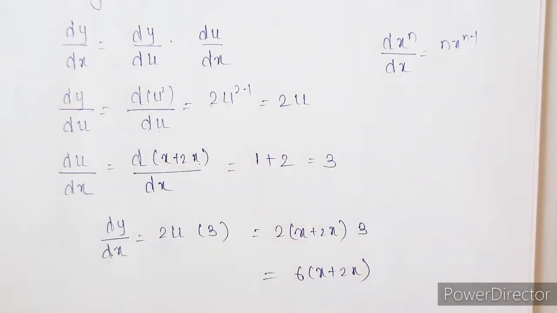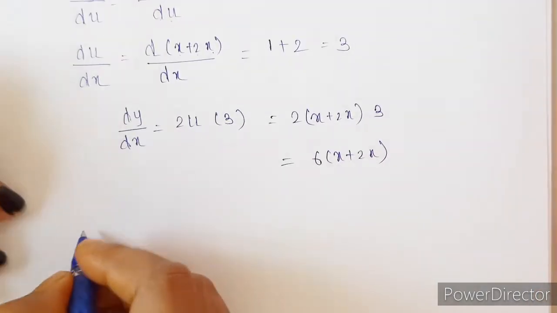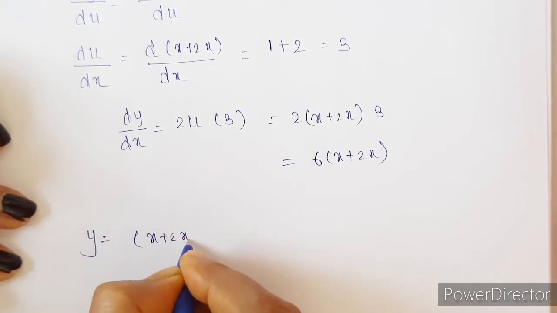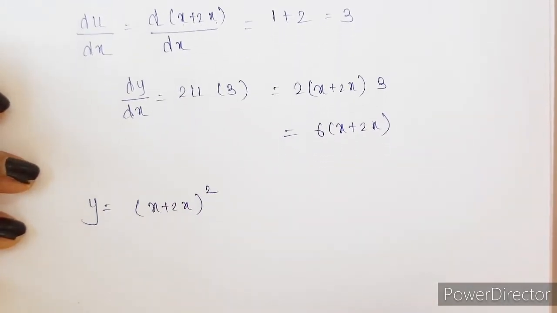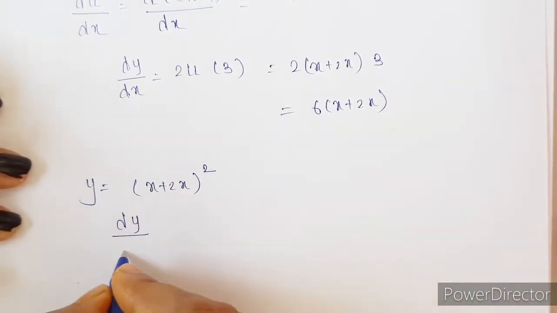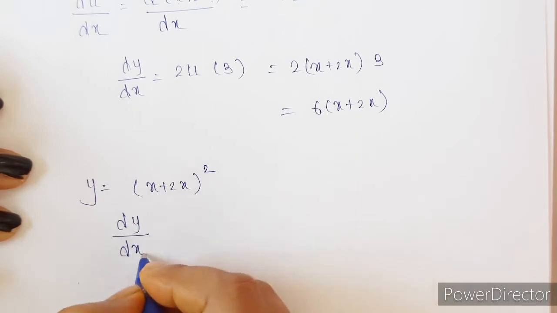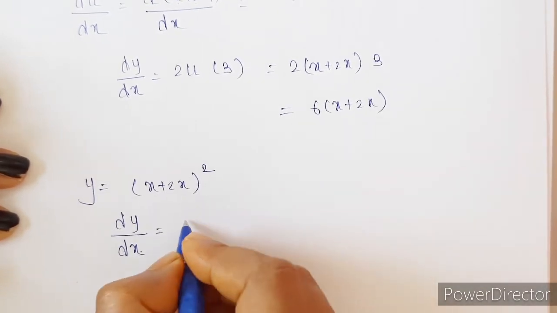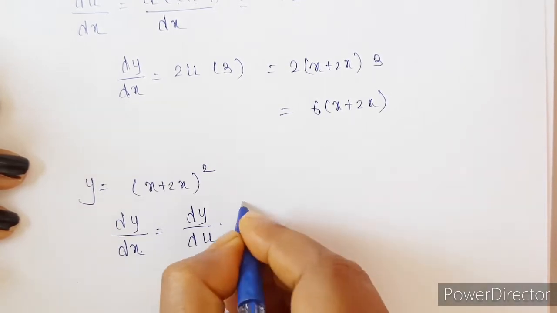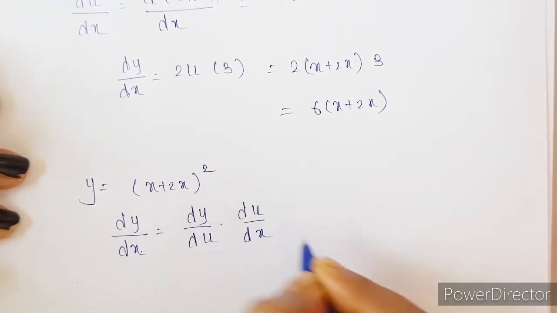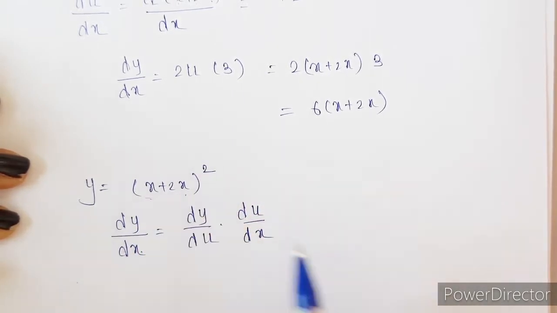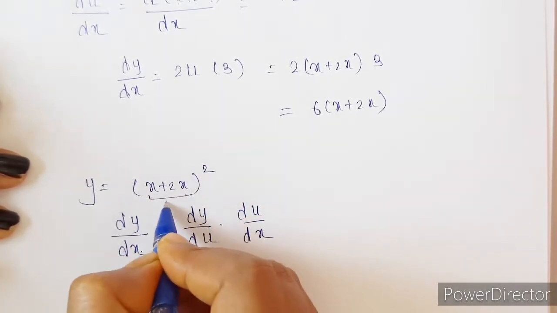The other way of solving this is, we have y as (x + 2x)^2. Again we are using the same rule. It is called the chain rule. So the derivative of y with respect to x can be written as the derivative of y with respect to u into the derivative of u with respect to x. So we have to differentiate this first and then differentiate this part, because we are considering this as u.